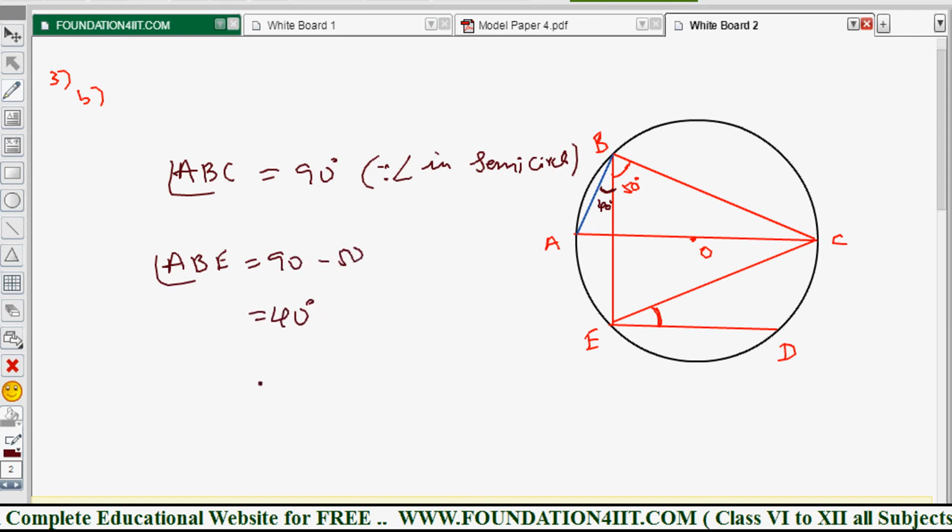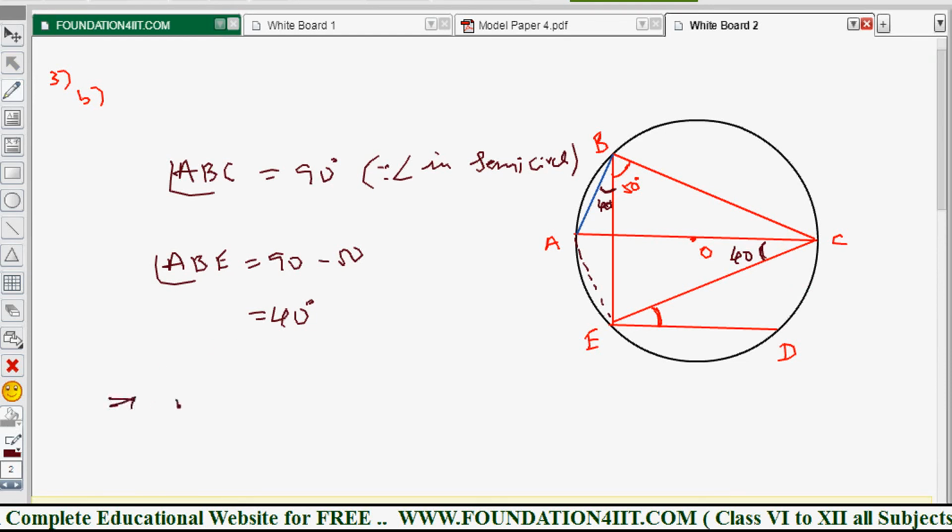Then angle ACE: if AE is the chord, then ACE and ABE subtend the same angle. Okay, if AE is the chord, ACE and ABE should be the same. That means this also must be 40 degrees.